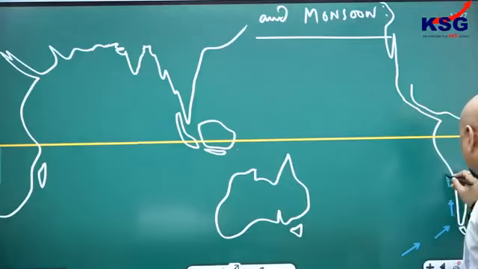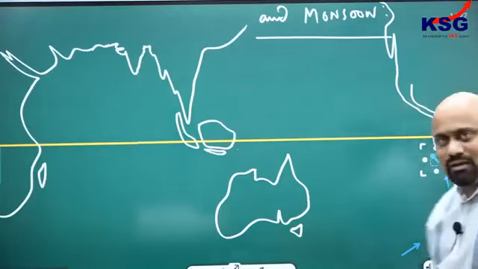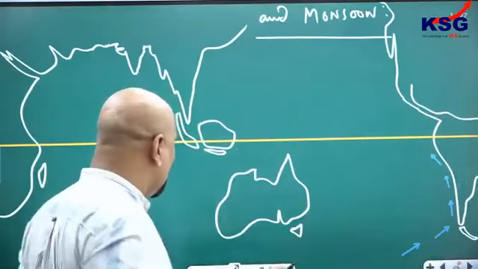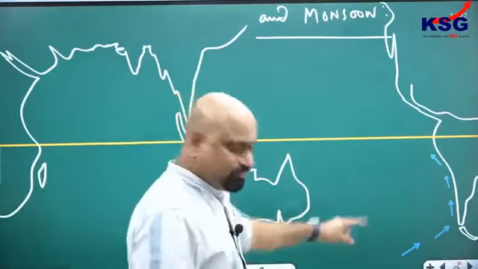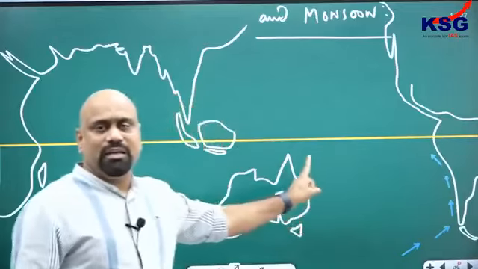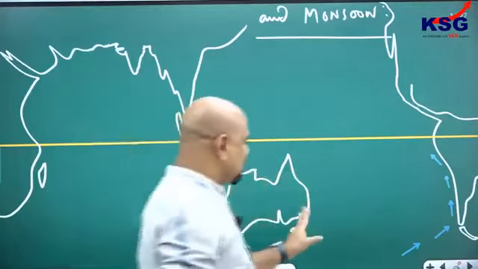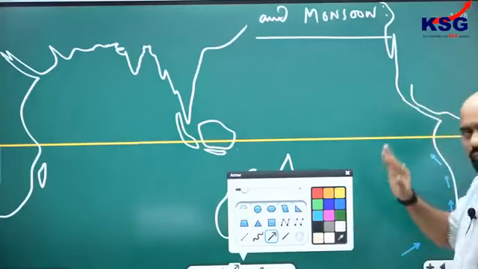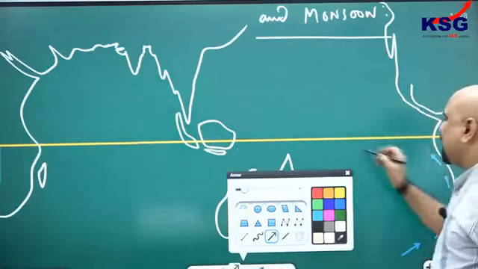We know that here is a cold oceanic current, called the Humboldt current. This Humboldt current is a cold current, but sometimes this current is replaced by another one.